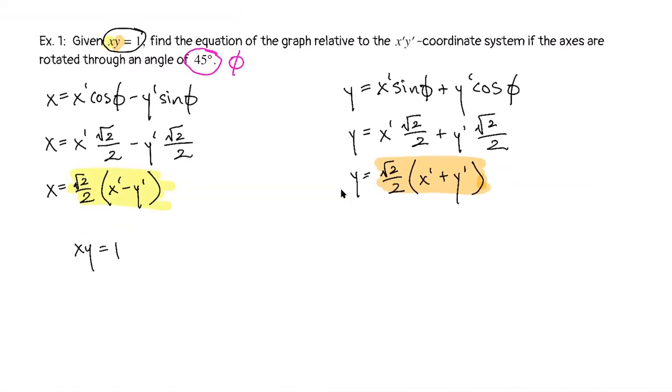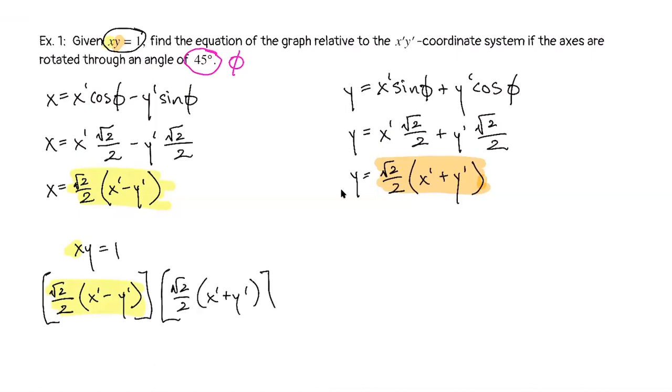Instead of x, I'm going to write square root of 2 over 2 times x prime minus y prime. And instead of y, I'm going to write root 2 over 2 times x prime plus y prime. And then I have my equals 1 hanging out at the end.